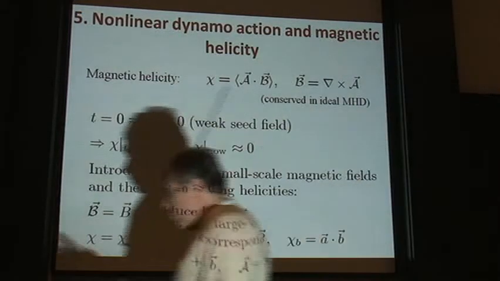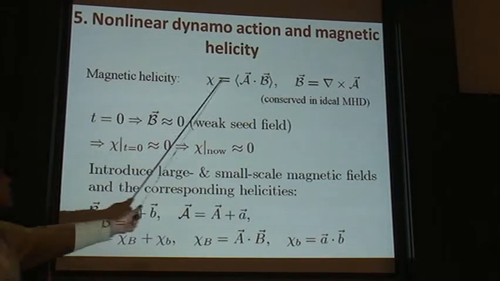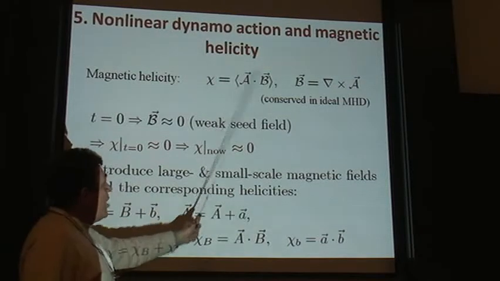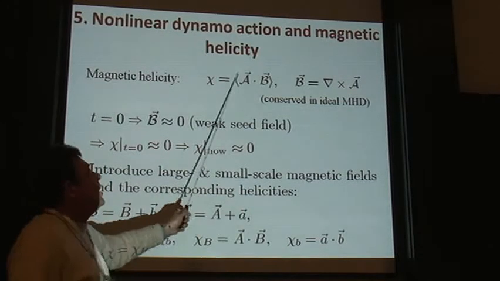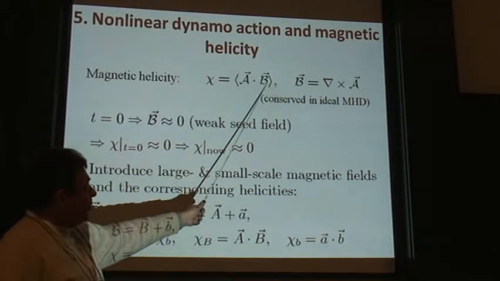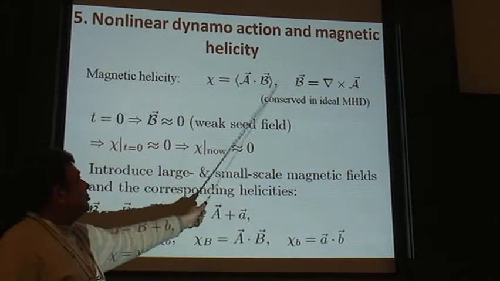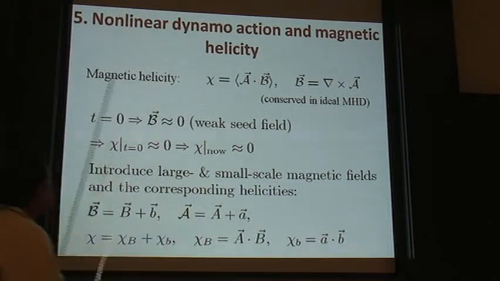I will remind you in my own simple words what this helicity constraint is and why everybody is so worried about it. Magnetic helicity is the average value of the dot product of vector potential and magnetic field. These brackets denote volume averaging.